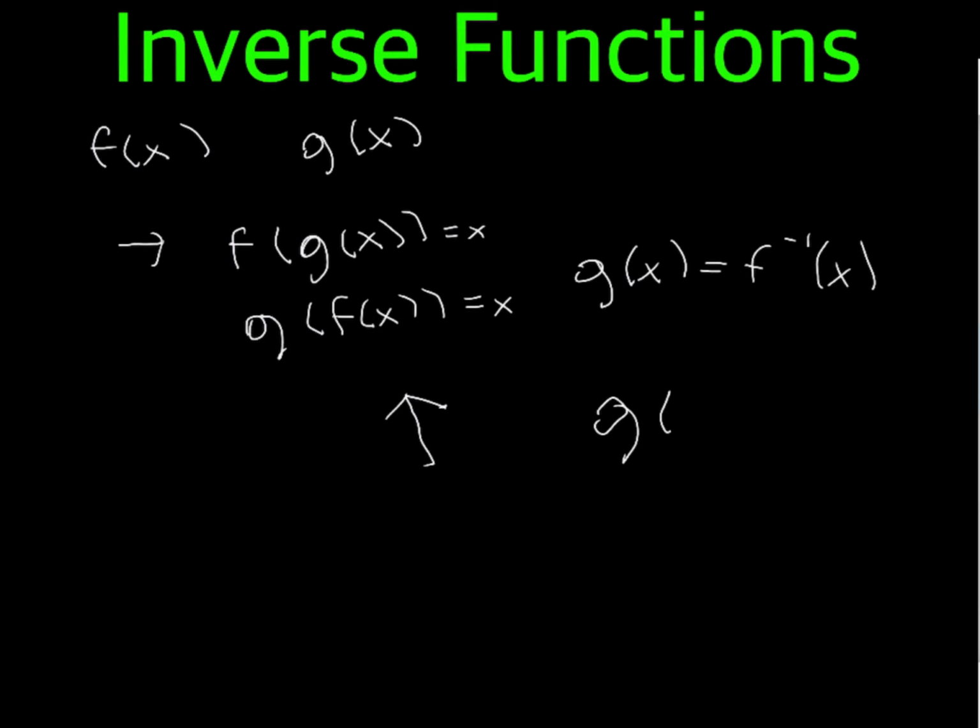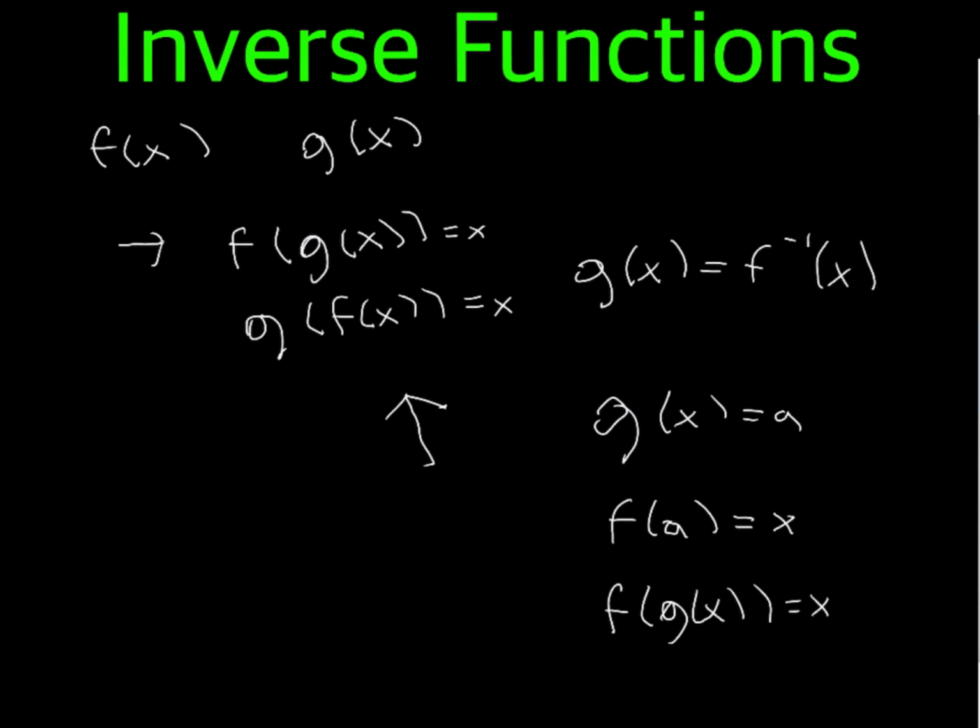If g of x equals some value of a, then f of x should reverse that process and have f of a equal x. And then we just replace g of x with a, and we have f of g of x equals x.